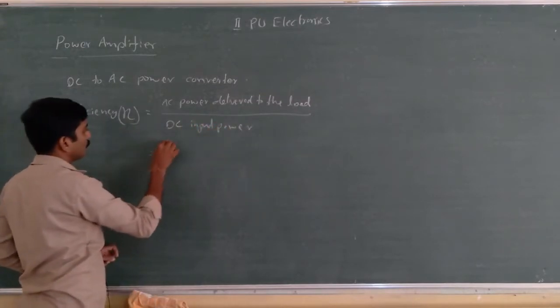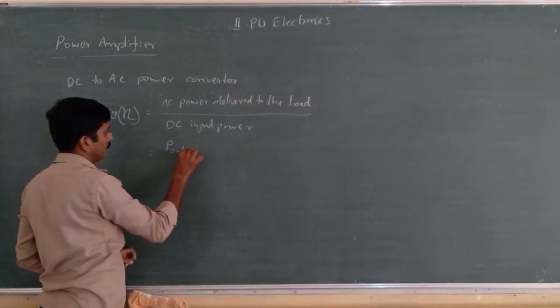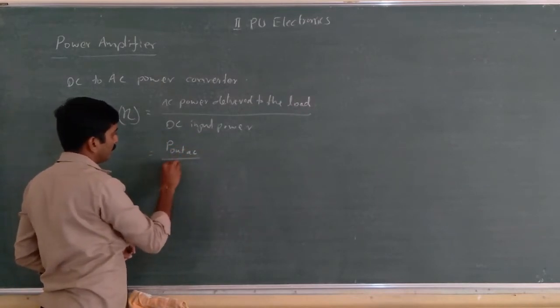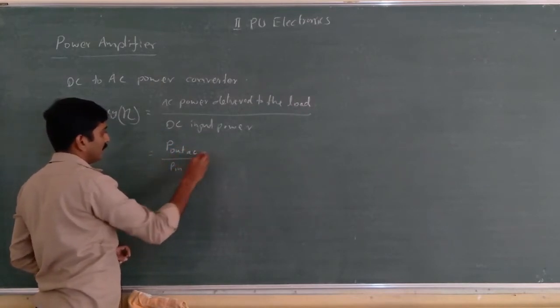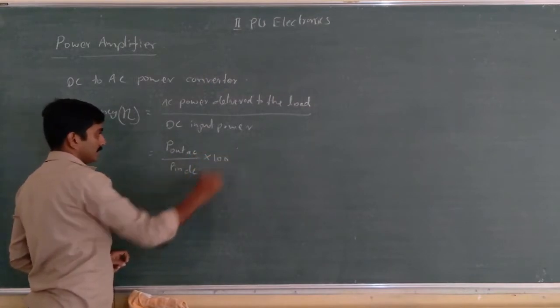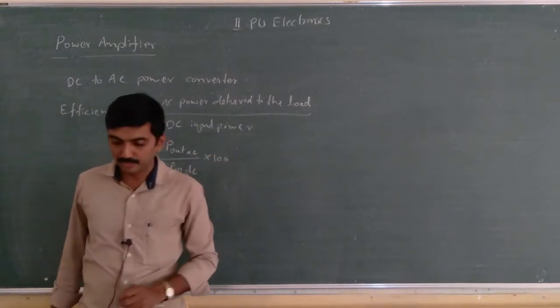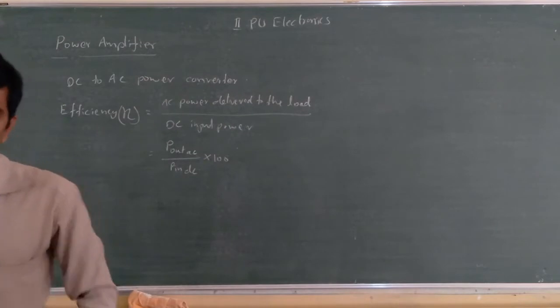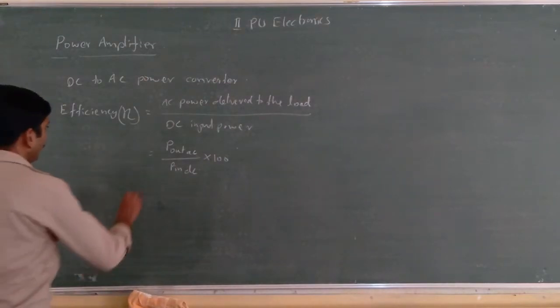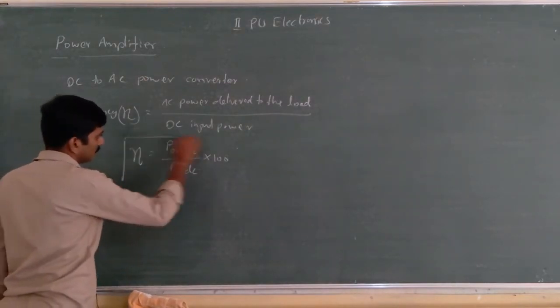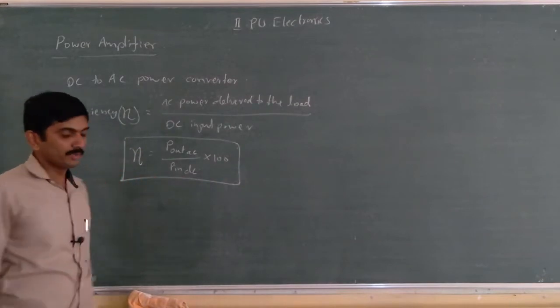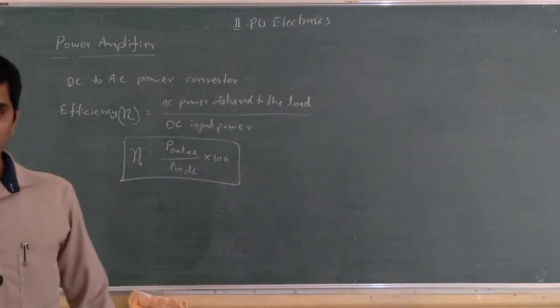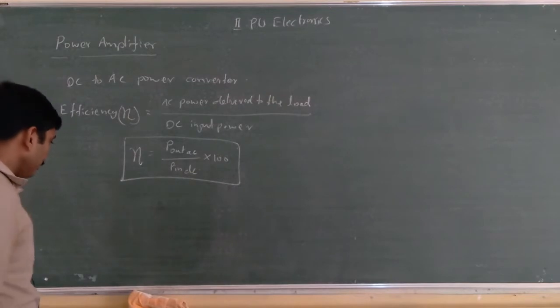So this is equal to P out AC divided by P in DC into 100%. Usually efficiency is expressed in percentage, so into 100%. Efficiency eta equals P out AC divided by P in DC into 100.